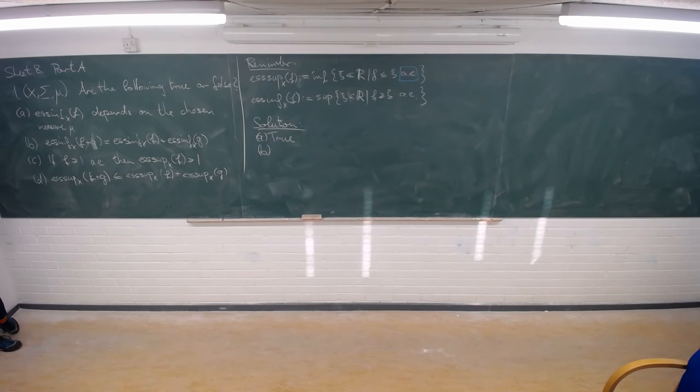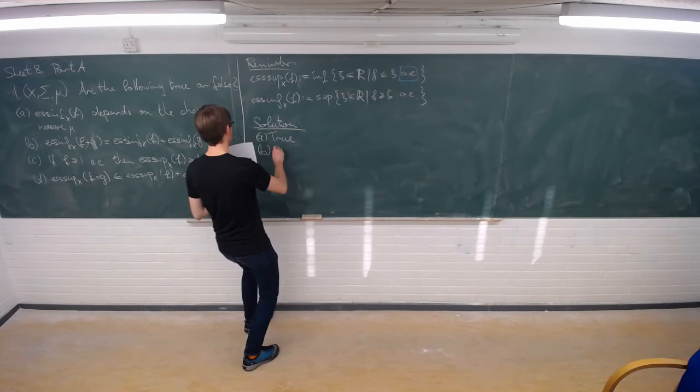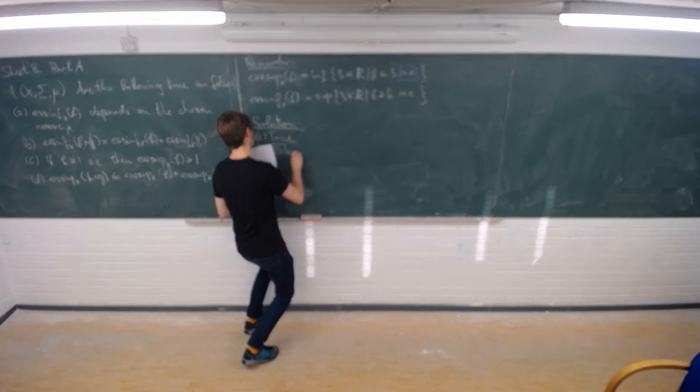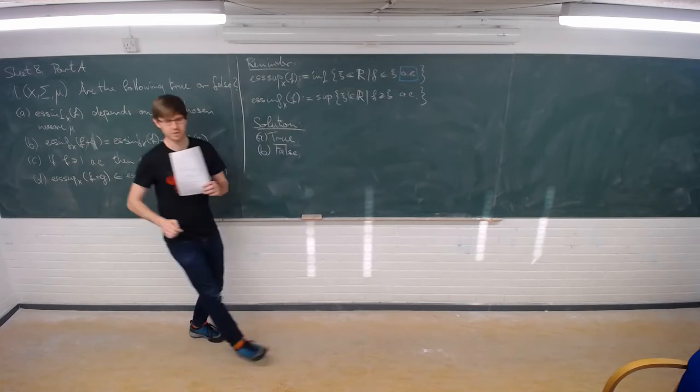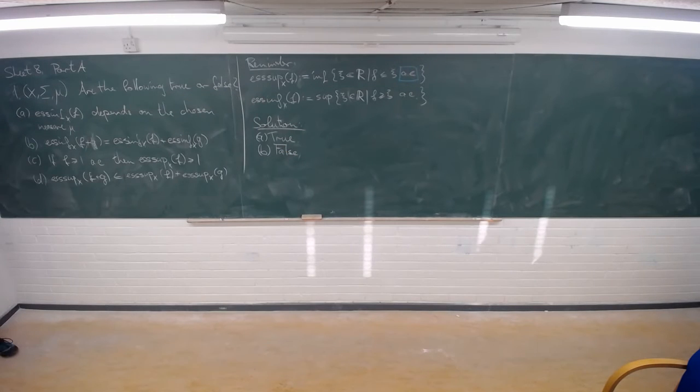I was not able to find a counterexample, but I think that it's only greater or equal than the sum of the two essential infima. Okay, so you're right, it's false. But can anyone find a counterexample? Yes, if f and g have disjoint supports.